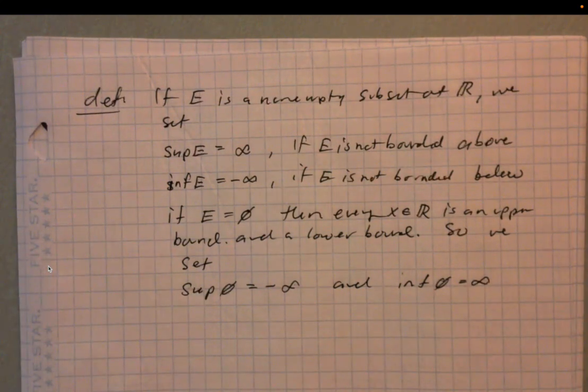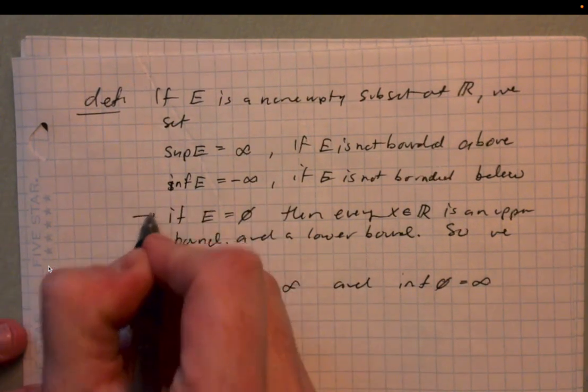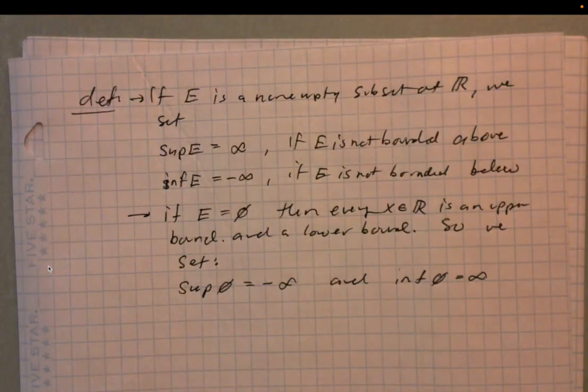It's kind of the reverse of what you would typically think, but keep in mind, this is the empty set. There are no elements, so every element is an upper bound, and every element is also a lower bound. So I think those make sense. This second one sometimes gives people some trouble, but if you think it through, the definition makes sense.